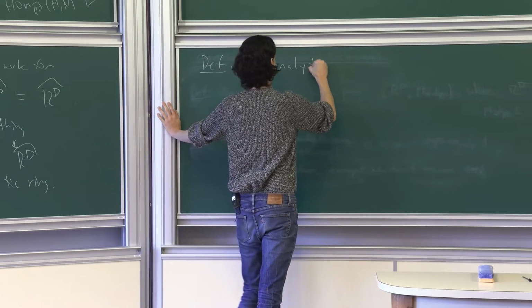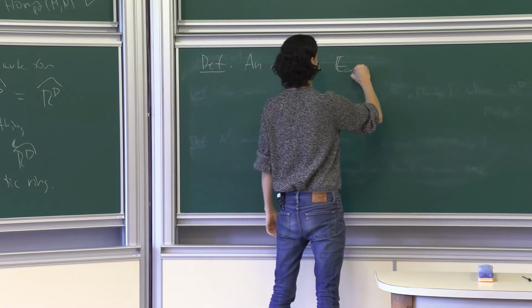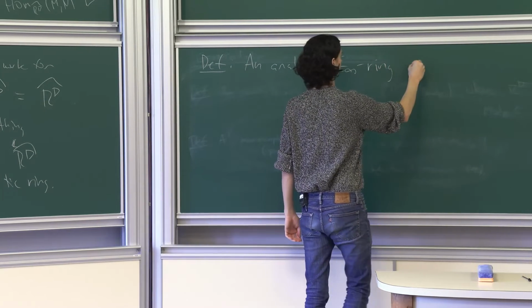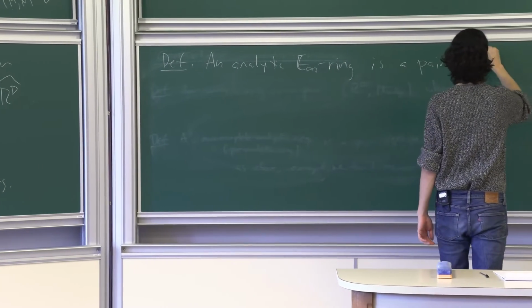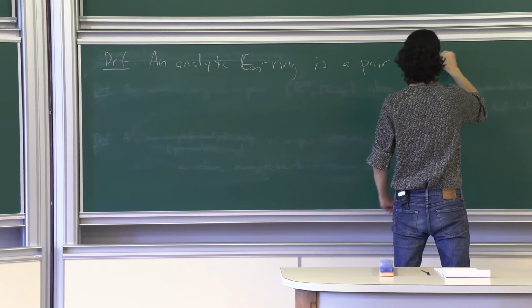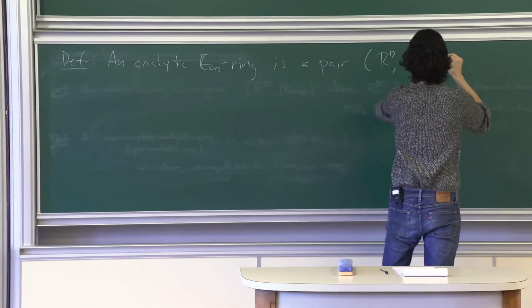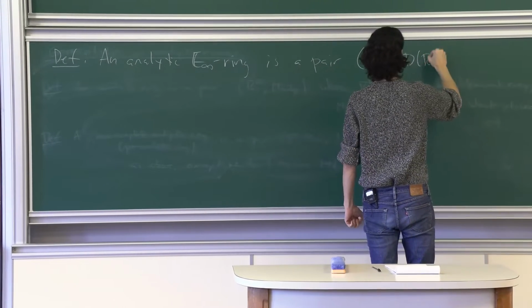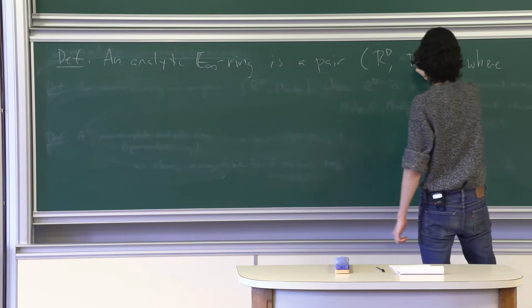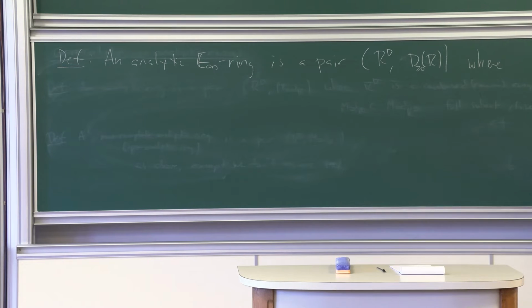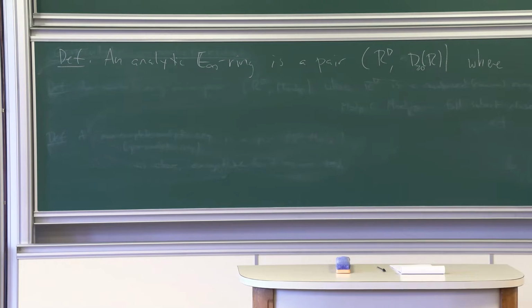An analytic E infinity ring is a pair R triangle, Mod R, or maybe I'll say D of R, where actually it's more convenient to only specify the part that's in homological degrees greater than or equal to 0.